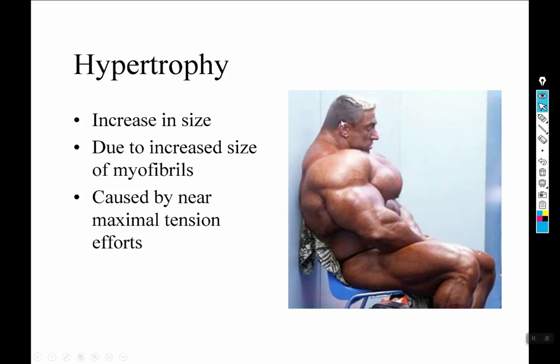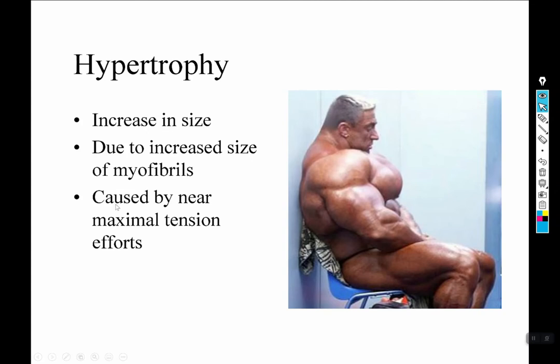Okay, speaking of people that are maybe abusing anabolic steroids, this dude probably can't comfortably wear a shirt. That doesn't look fun, but some people think that this is the ideal body. This is a result of extreme hypertrophy, not due to more muscle cells, but the increased size of the individual myofibrils. So more sarcomeres, more proteins that make up sarcomeres.